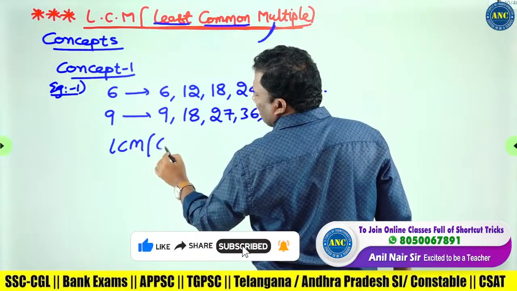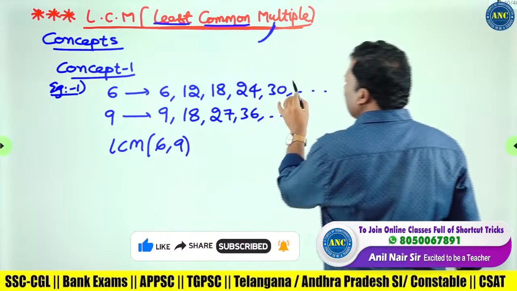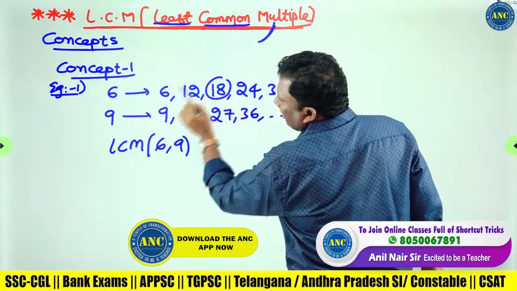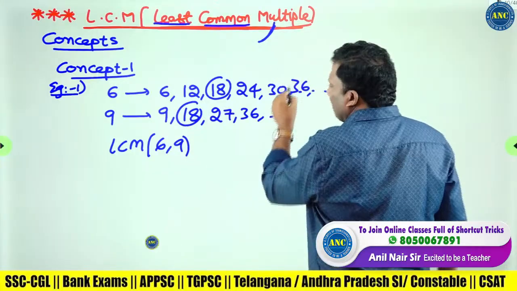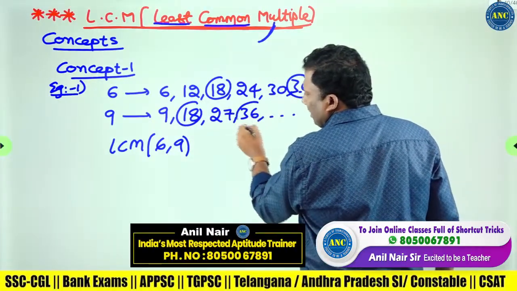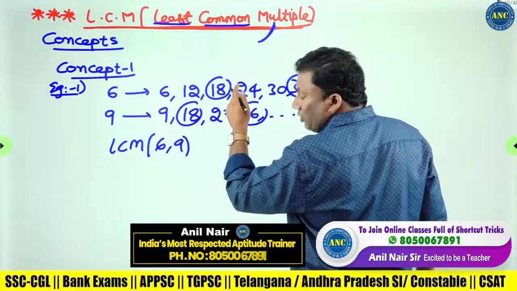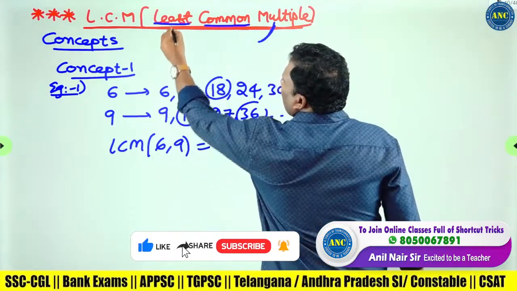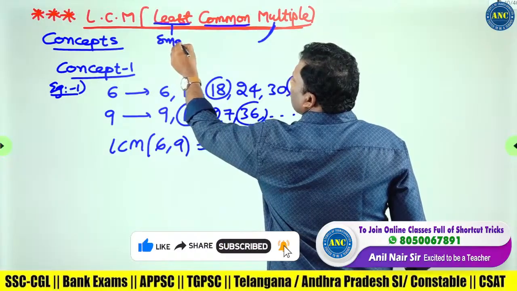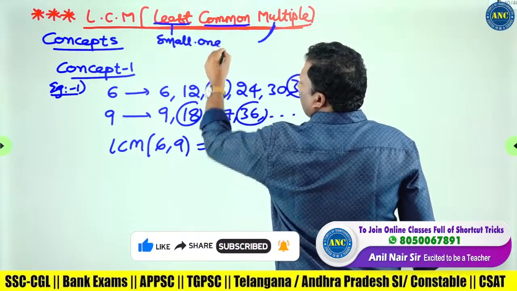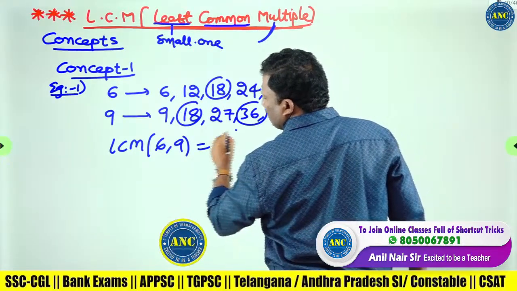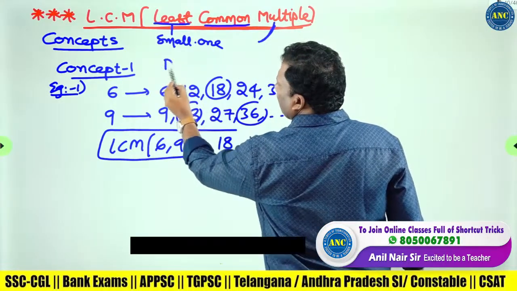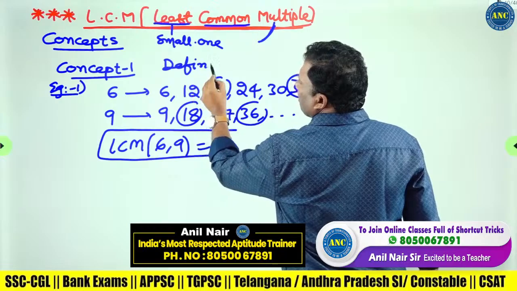LCM of 6 and 9: if you see here, 18 is present here and 18 is present there. 36 is present here and 36 is present there. Out of so many common numbers, take the smallest one. Least means take the smallest one. LCM of 6 and 9 is 18. This is the definition method. But we will not use this method.